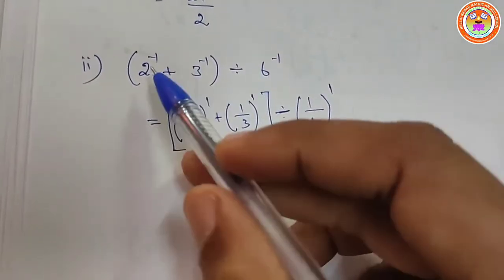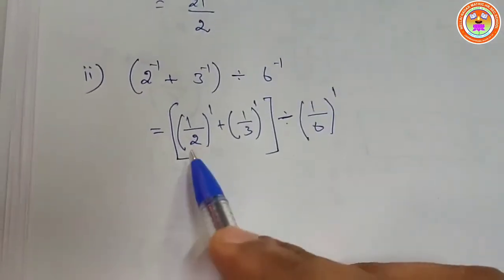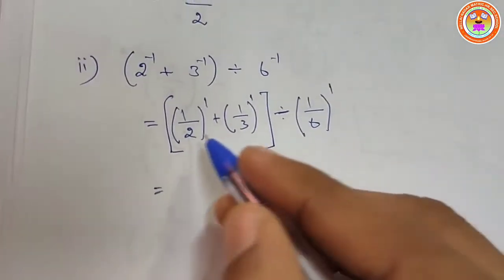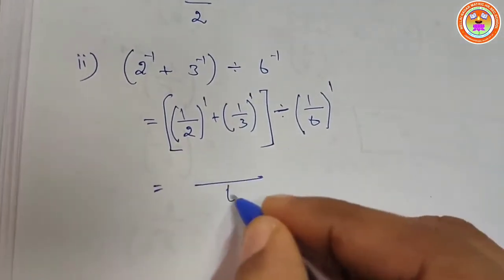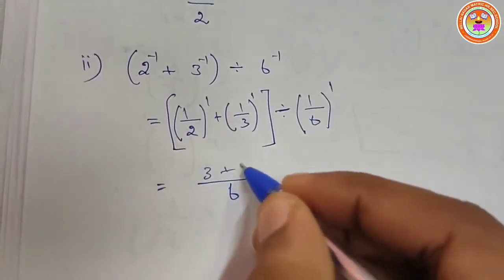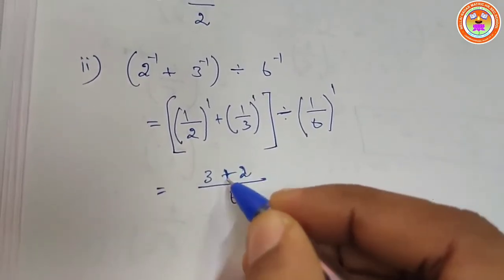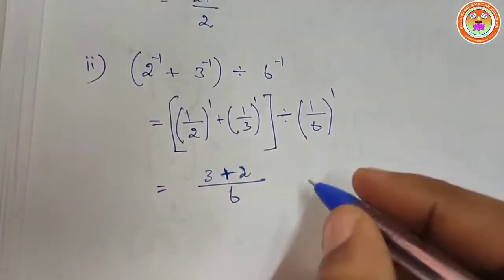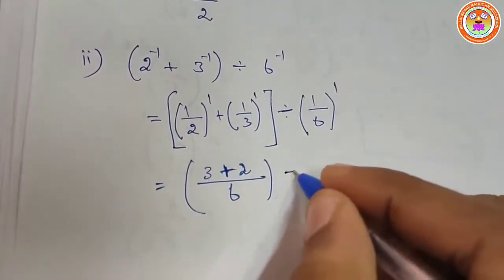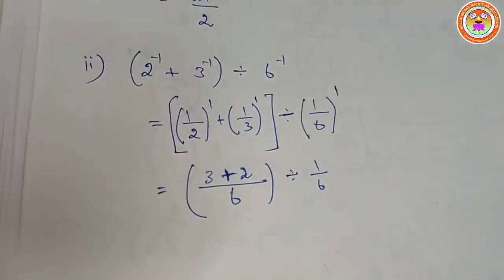Change all the negative powers as positive. Now you can add this 2. What is the LCM of this? 6. So 3 plus 1. Sorry, 3 plus 2. 3 plus 2 divided by 1 by 6.